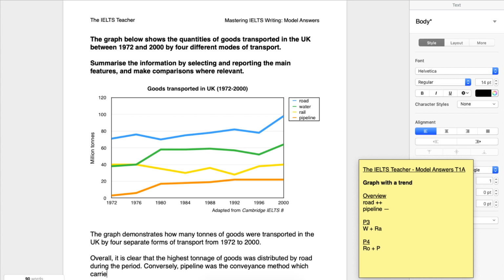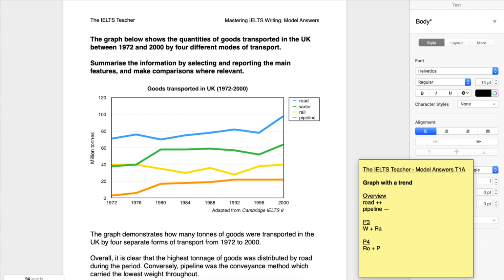And of course we're in the past here, so carried. Pipeline was the conveyance method which carried the, and what's the opposite of highest? It is, of course, lowest. I don't want to repeat tonnage, but we can simply say weight. And we don't need to say weight of goods because we know now that that is what is being measured. So the lowest weight, and earlier I mentioned the other word we could say instead of during, which was, what was it? It was throughout.